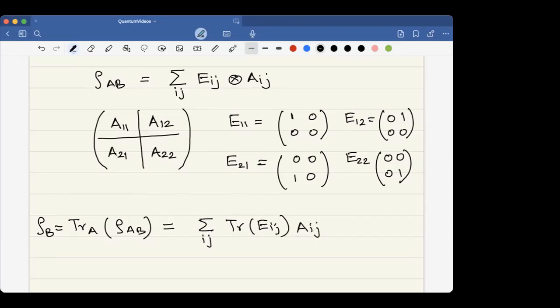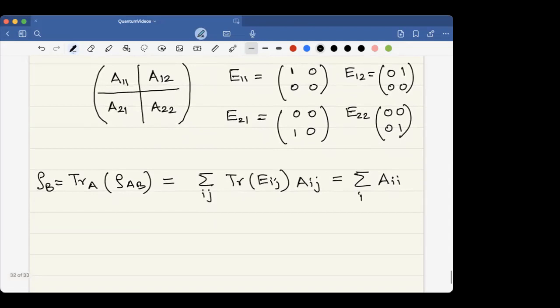That's how we define the partial trace operation. But notice that only two of the four Eijs have trace 1. The rest of them are 0. So this is actually equal to the summation over i of Aii.